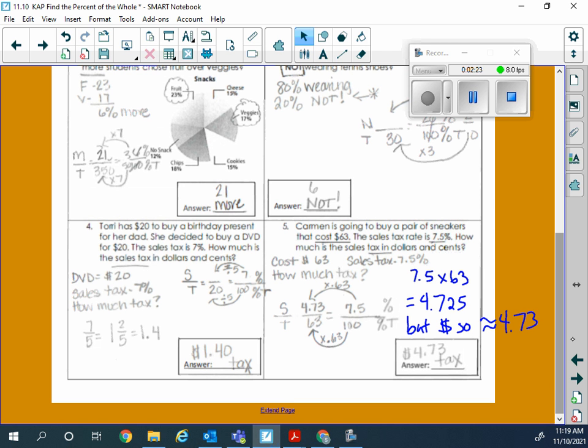And because it's money, you need only 2 places after the decimal, which is where they got $4.73, okay? But what I was saying is I got a few emails, they thought there was a mistake on the key, because this piece right here was not actually on the key. It should have been, but it wasn't, okay? Anything else from that homework? All right, then we're going to move on.